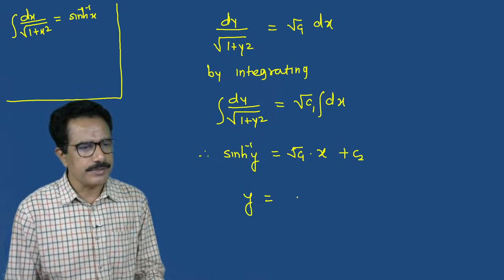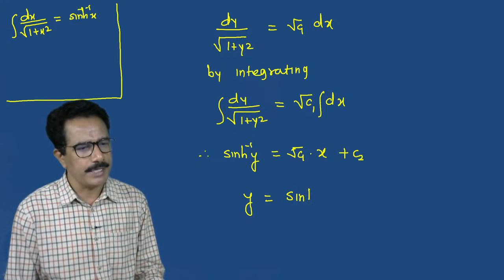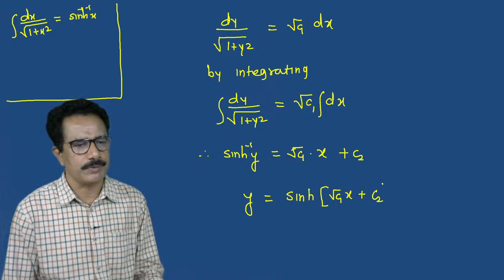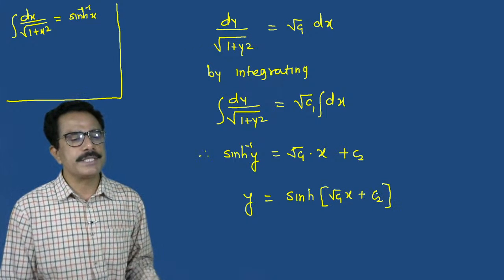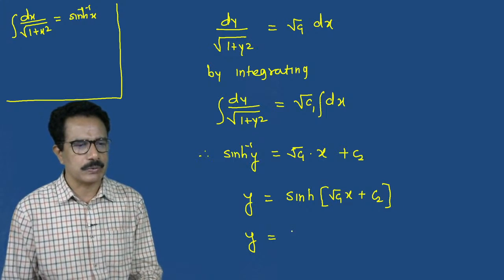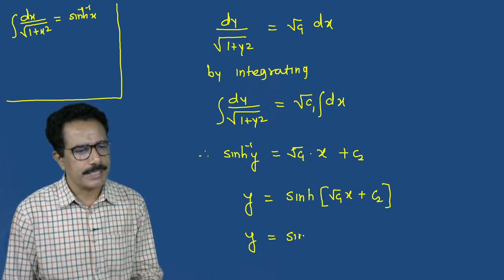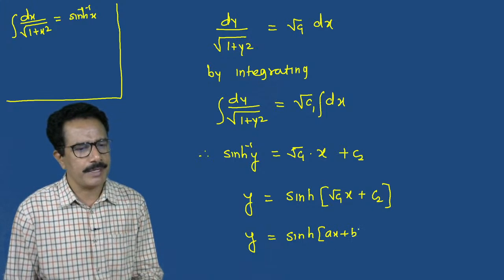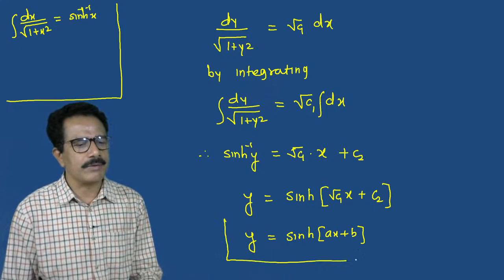So y is equal to sinh of root C1 x plus C2. So this is the required equation, or we can write y is equal to sinh of ax plus b. This is the required curve.